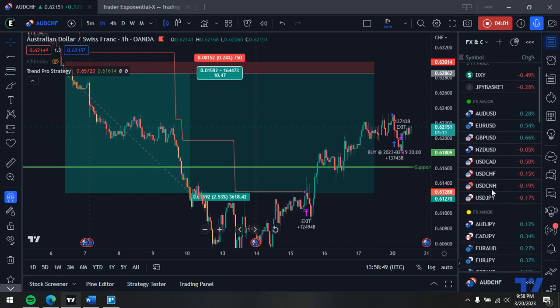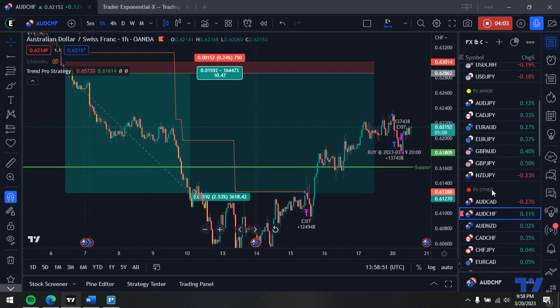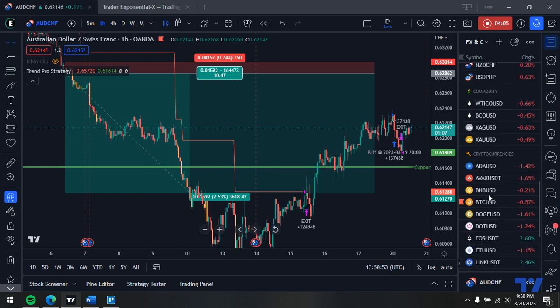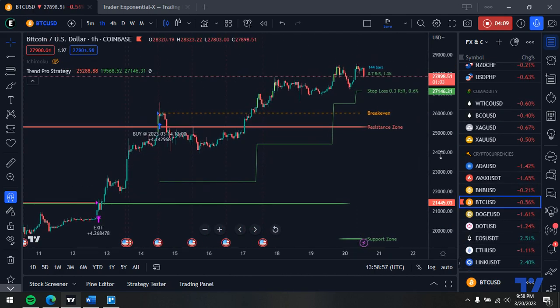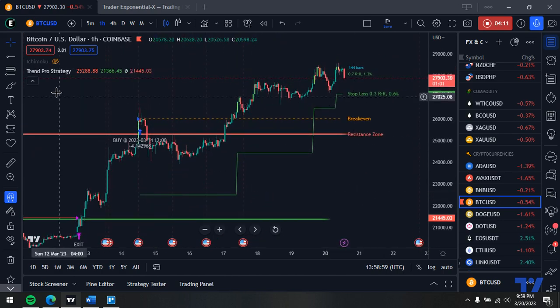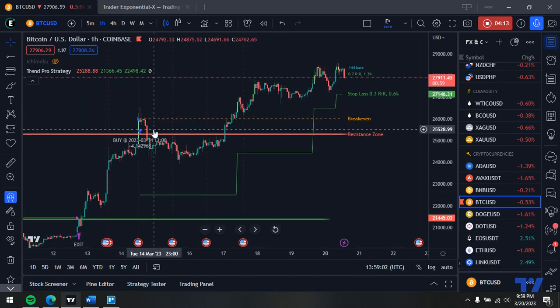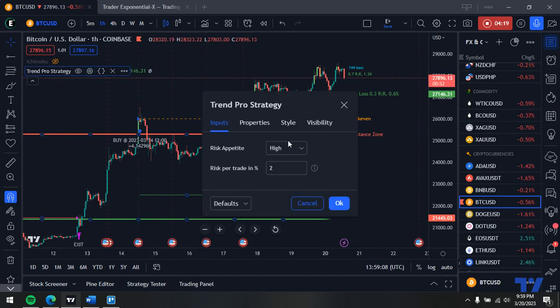Now for today's topic is a Trend Pro example using, of course, the infamous Bitcoin. So here, I will show you an example as well on the difference between using the different settings on Trend Pro, right?